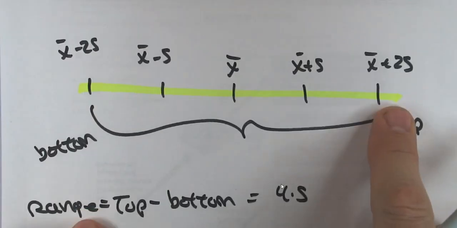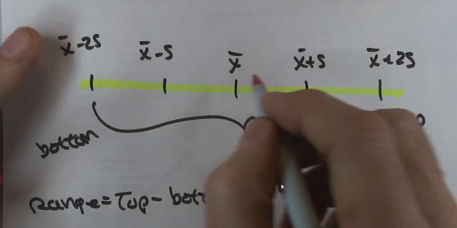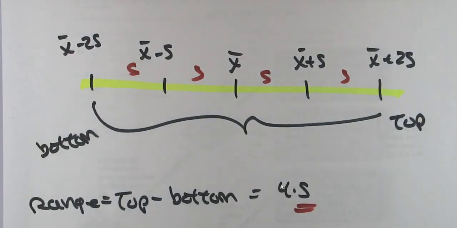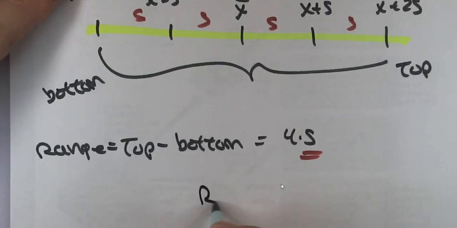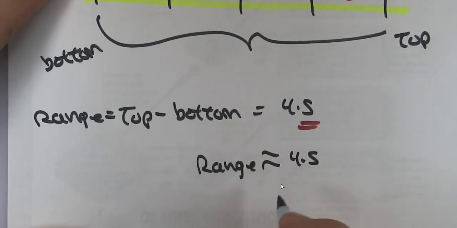And that range is about 4 times s. You've got 4 standard deviations strewn across here. You've got 1 here, 1 here, 1 here. So you get a total of about 4s. So you get this approximation that the range is about 4 times s. How would I solve for s here? Yeah, divide by 4.